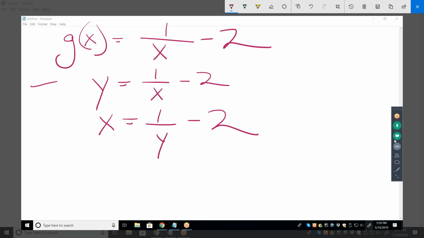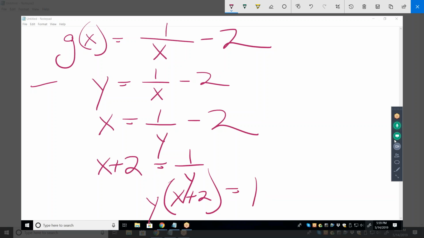So how do I solve that for y? You would add 2 to both sides. Now what? You're solving for y. You would multiply by y on both sides. And then solve for y.